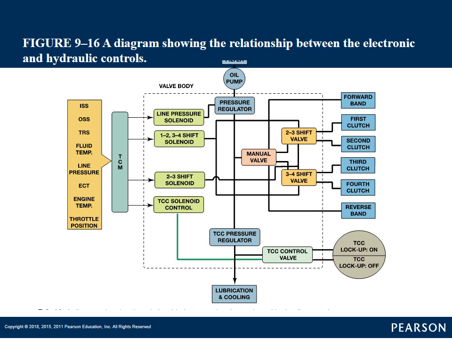We have our TCC control valve and our pressure regulator. All this, our hydraulics, are working in conjunction with our electronics to move our shift valves, to apply our different clutches and bands. Okay? And that's how we get our shifts in our transmission, all off our inputs from our different transmission and engine sensors.